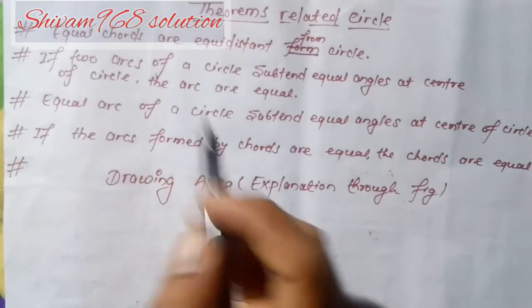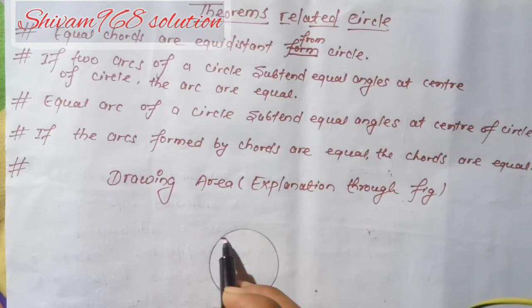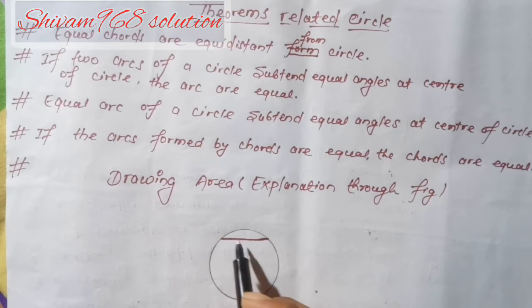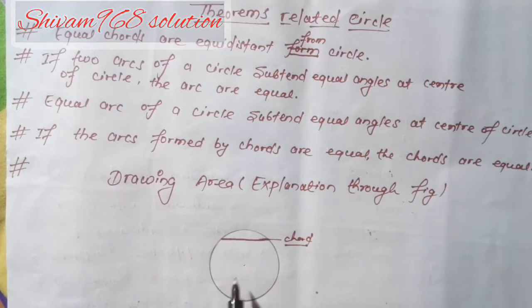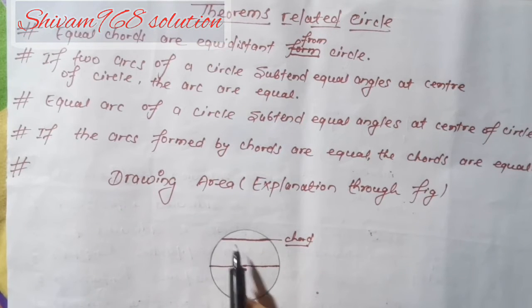Equidistant means at equal distance. I have discussed chords before: if a line touches two points on the circumference, this line is called a chord. The biggest chord is the diameter, which passes through the center of a circle, and the center is denoted by O. So a chord touches two points on the circumference.